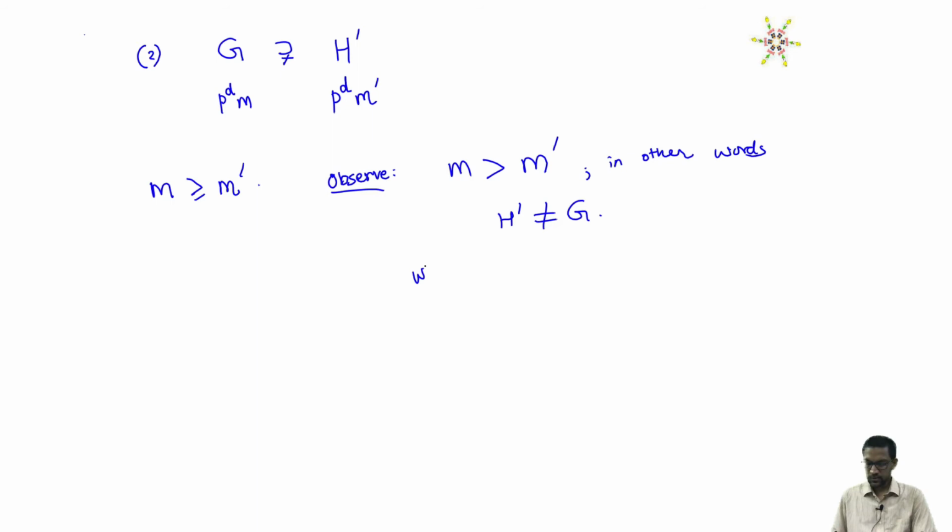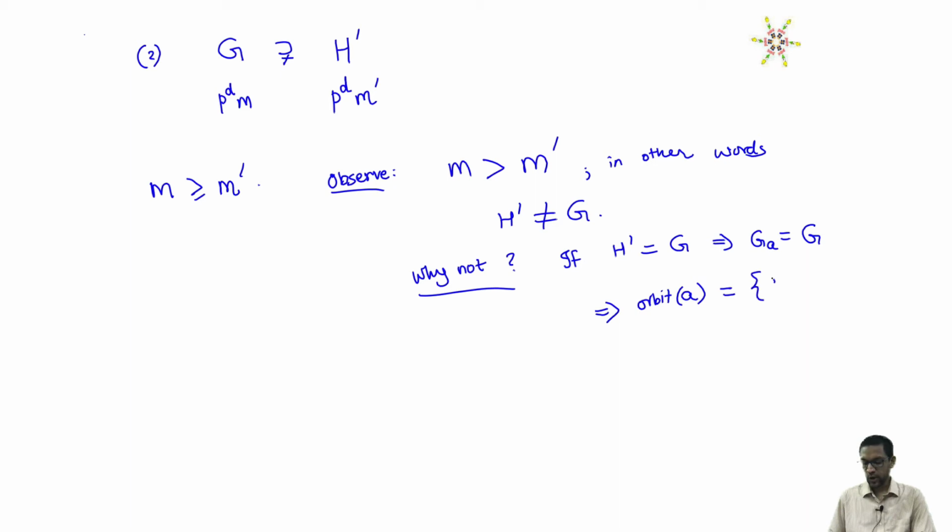Okay, why not? Because if H dash, the subgroup we have constructed, is the whole group G, then, well, what was H dash? It was the stabilizer of that element A. If the stabilizer of that element is the whole group, then that just means that every element of the group stabilizes that element A. In other words, the orbit of A is just the singleton A itself, or if you want to think in terms of cardinalities, the cardinality of the orbit is just 1.